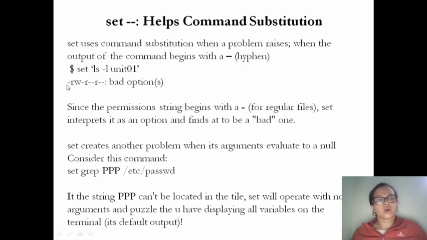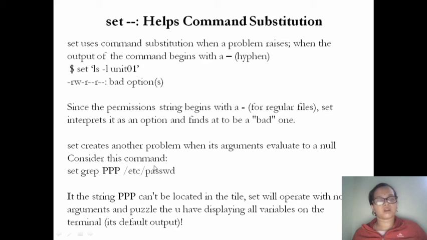Why? Because the hyphen is always used to depict whether it is an ordinary file or a directory file. Since the permission string begins with a hyphen, that is for regular files, set interprets it as an option and finds it to be a bad one. So set creates another problem when its arguments evaluate to a null.